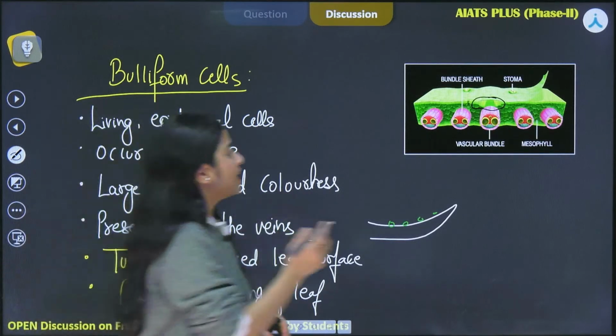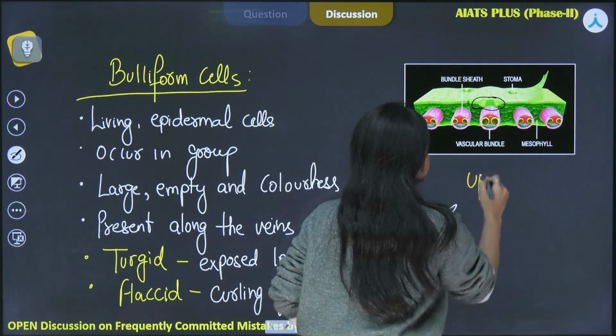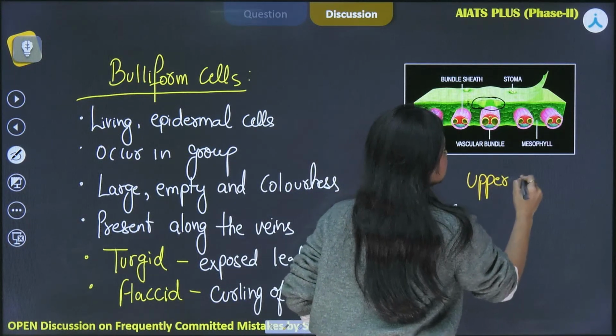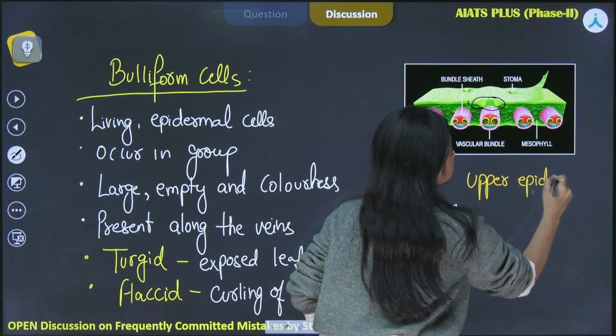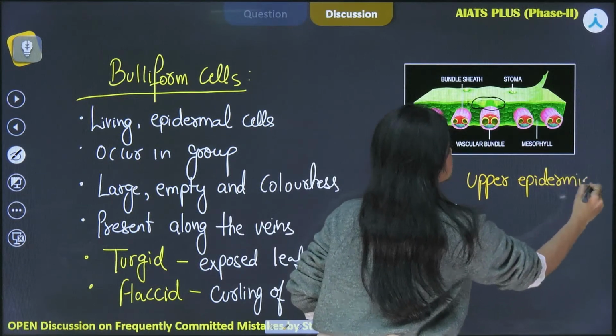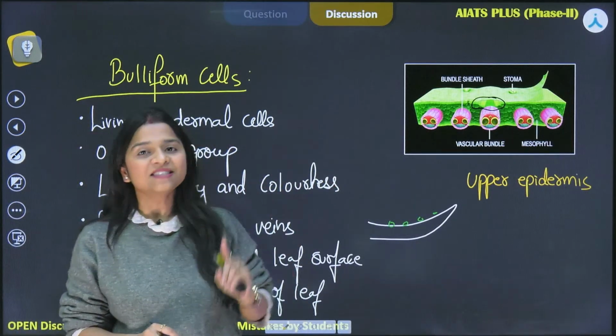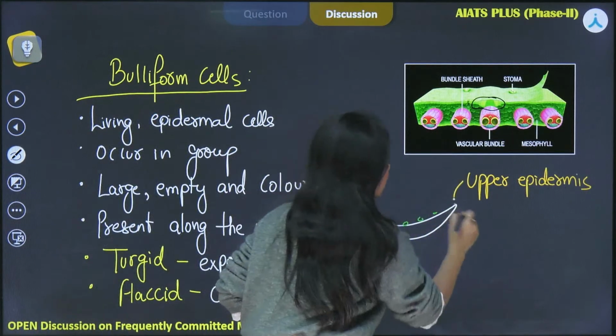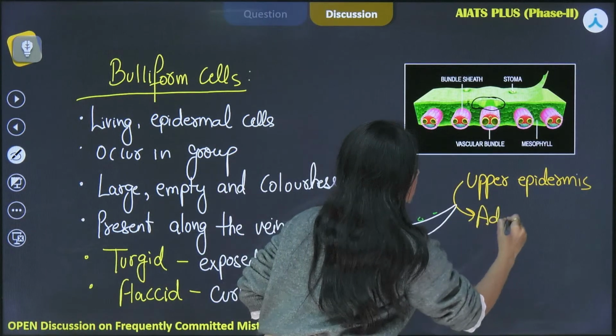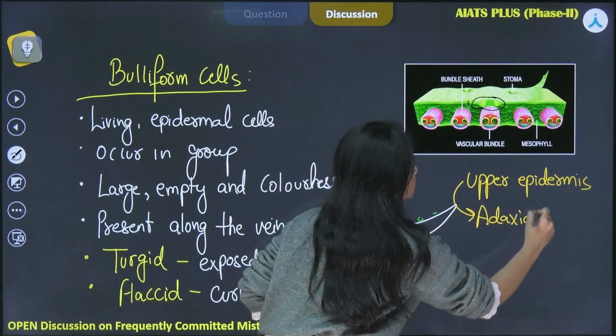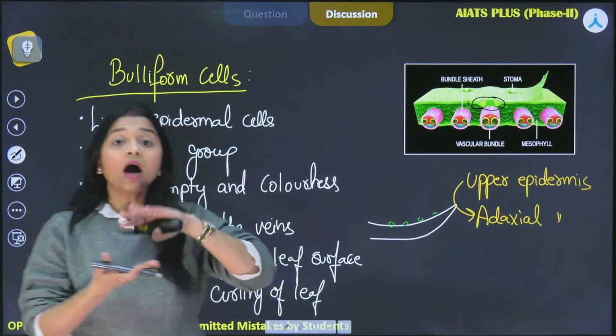So they are present on the upper epidermis, and upper epidermis means we can use another term, that is the adaxial surface. Keep that in mind. That means the adaxial epidermis, the upper part of the leaf.